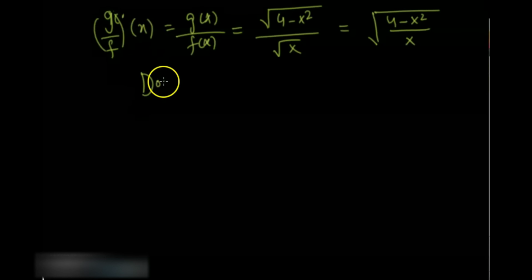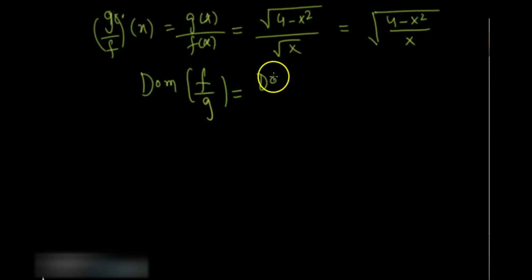So the domain of g over f is going to be the domain of g intersection with the domain of f, and we will subtract those values where the denominator, in this case f of x, is 0.